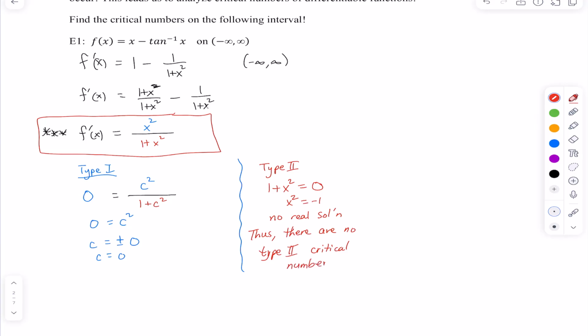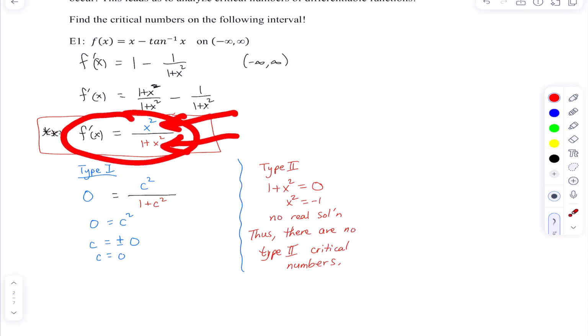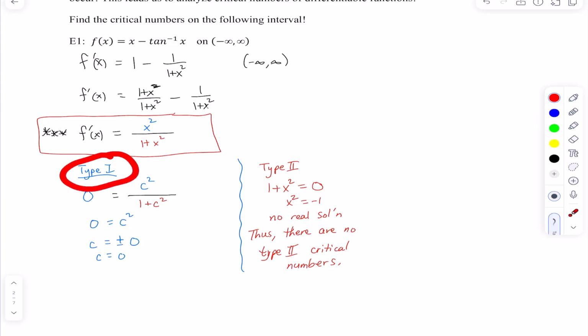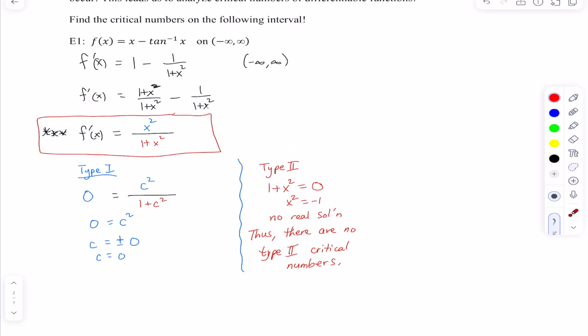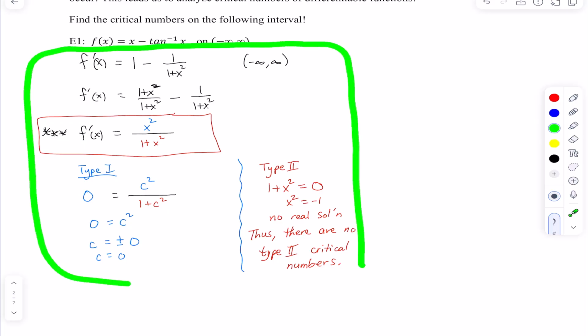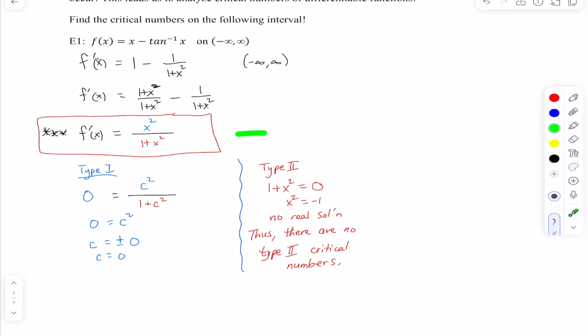So a key here is that if the first derivative is a fraction, make sure it's in reduced factored form, and that way you could go on and seek type 1 critical numbers first, and then try to seek type 2 critical numbers second. Now, what's an answer to this problem? Well, everything. Make sure you indicate your first derivative function, as we're going to need that later on.